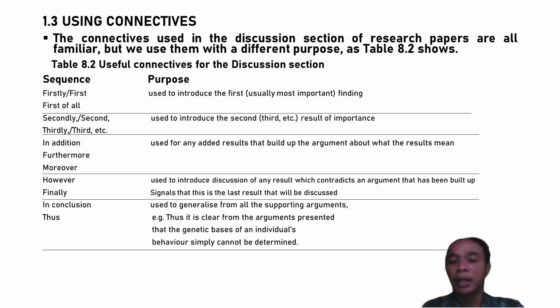And in conclusion, and thus are used to generalize from all the supporting arguments. For example, thus it is clear from the arguments presented that the genetic basis of an individual's behavior simply cannot be determined. Please pay attention to using sequence and purpose, the name of the sequence and the purpose of them.